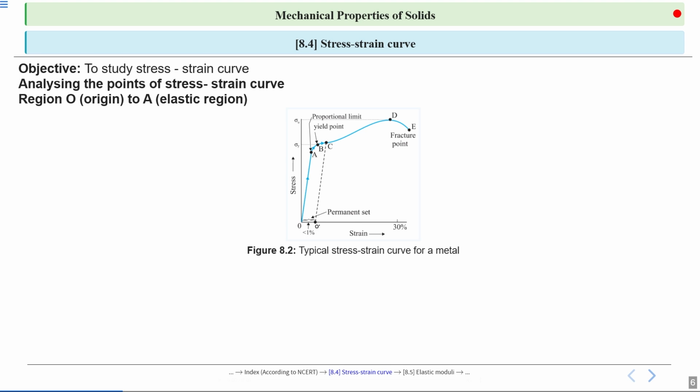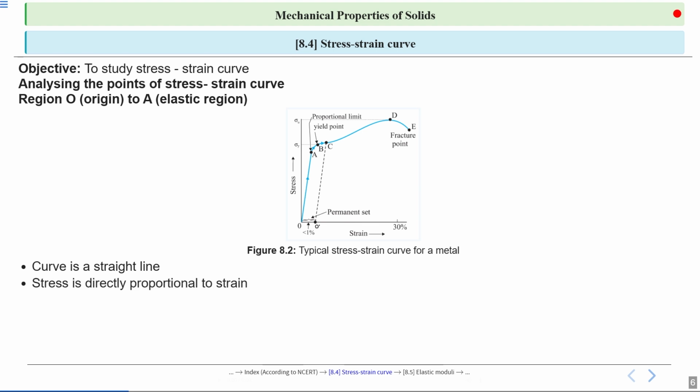Alright, O to A. The curve is a straight line from O to A. This tells us that the relationship between stress and strain is linear. In other words, if we double the force, the extension or deformation also doubles as long as we stay within this region.